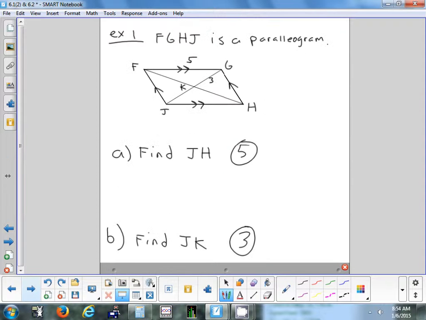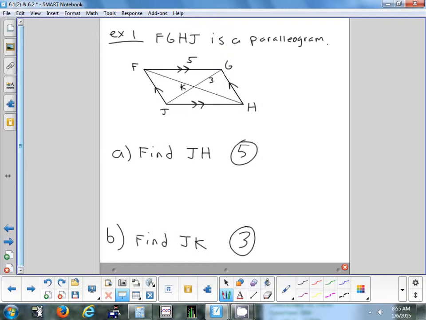Do these only work with regular polygons? These only work with parallelograms. Parallelograms includes your basic parallelogram, your square, your rectangle, and your rhombus. But they just don't work with trapezoids. They have to be parallelograms.